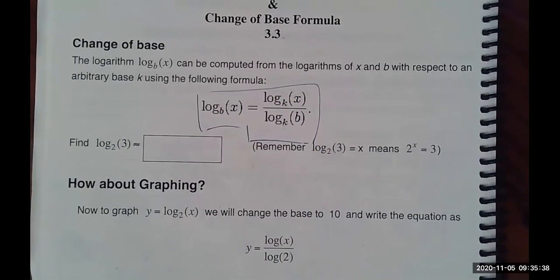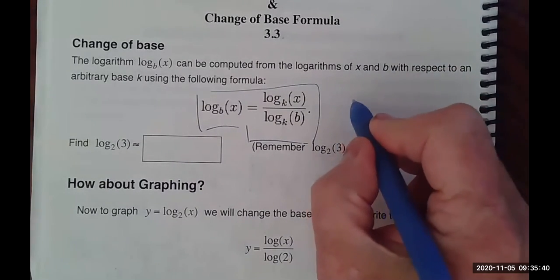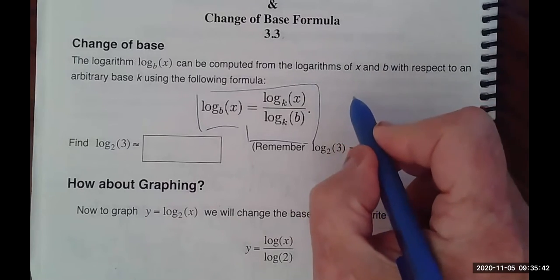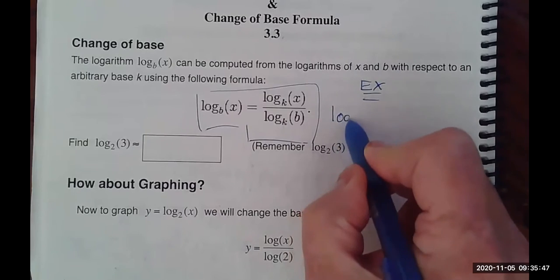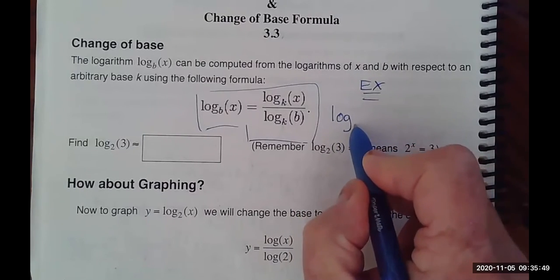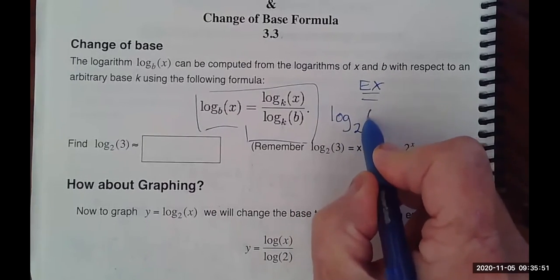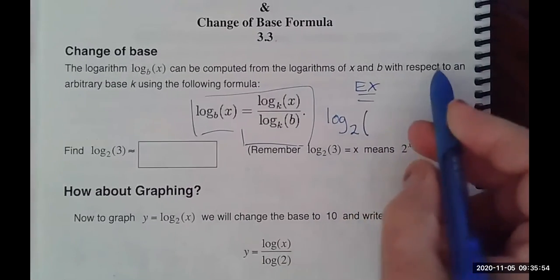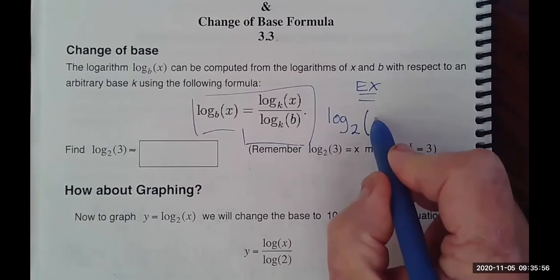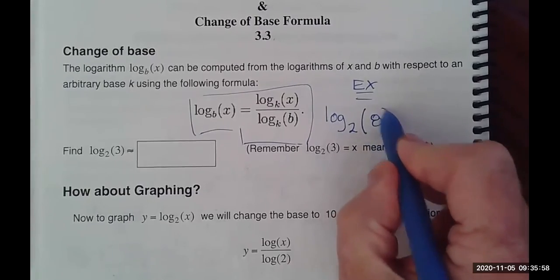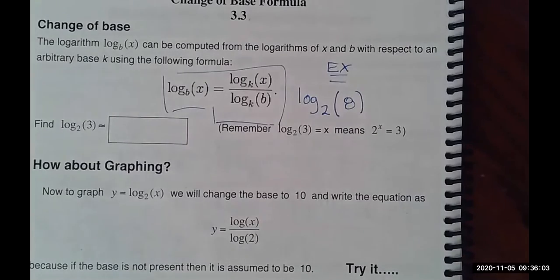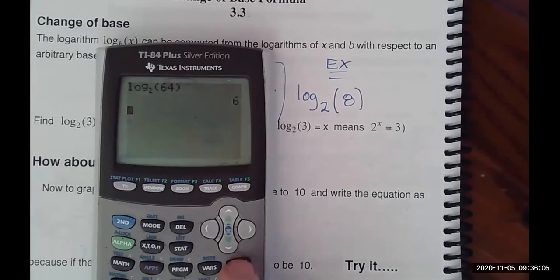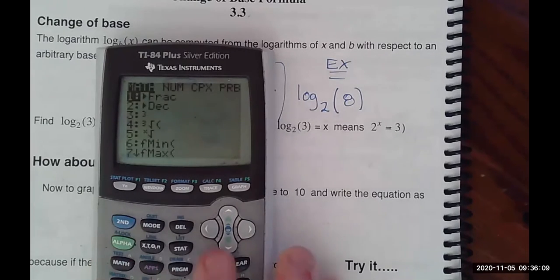So how does that work? Okay, let's do an example like this. Sergio, if I did log base 2 of 8, I'm going to do it in my calculator and then I'll show you how to do yours. The answer to that should be 3.